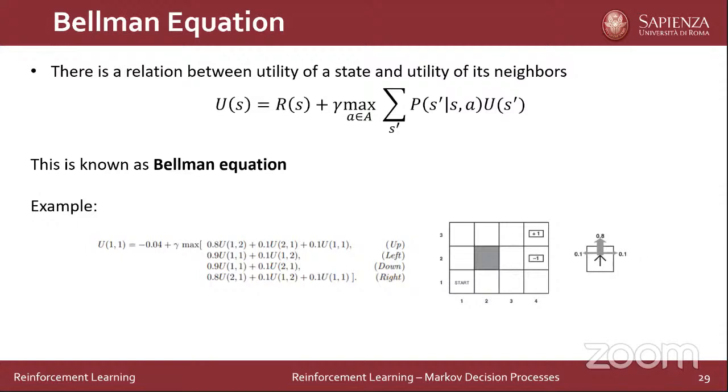So the Bellman equation defines the utility of a certain state, the value of a certain state, based on the utility of neighboring states.